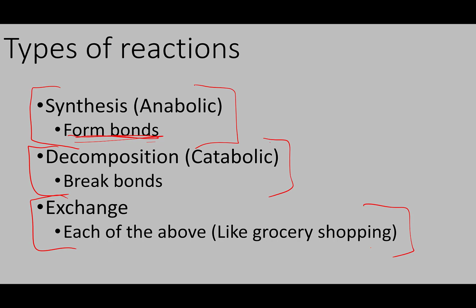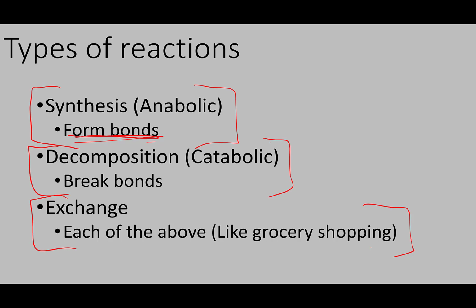You get to the checkout, you go through this reaction. You and your money, the bond there is broken as you give the money away. You pick up the groceries and leave with them. The bond between the grocery store and the groceries was broken. Now there's a new bond between the grocery store and your former money, and another new bond between you and the groceries. So we just exchanged.